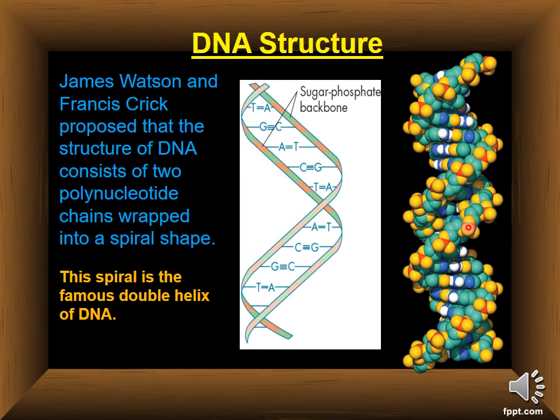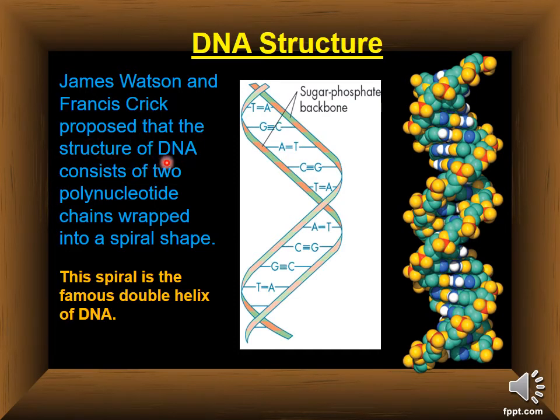Now this is the structure of DNA. This structure is called a spiral structure, and it is called a double helix structure. Who proposed this? James Watson and Francis Crick. That's why it's called the Watson and Crick model.